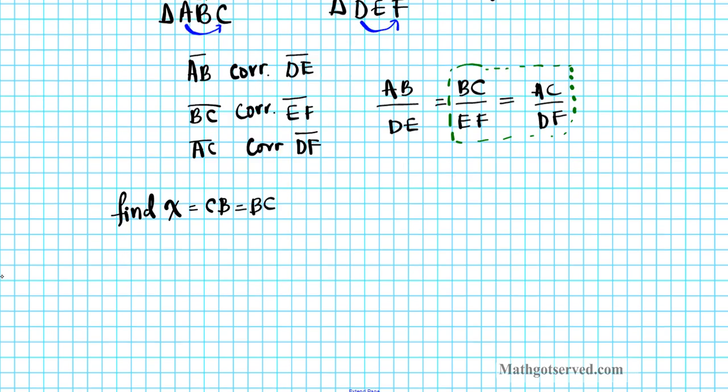Since these triangles are similar, we know that BC over EF is equal to AC over DF. If we put in the values of the triangle in there, BC is x, that's what we're looking for.